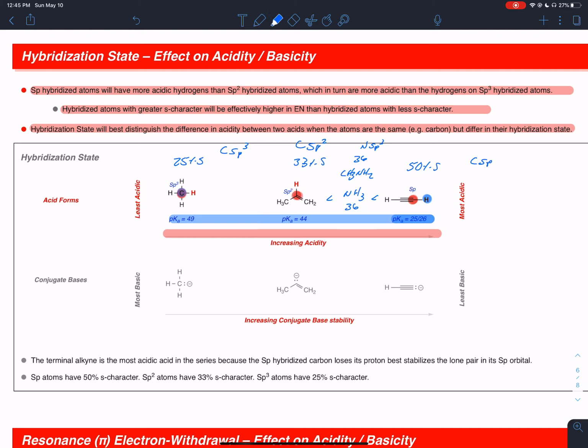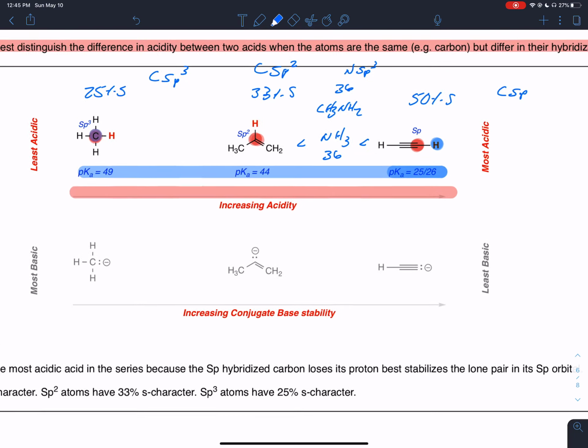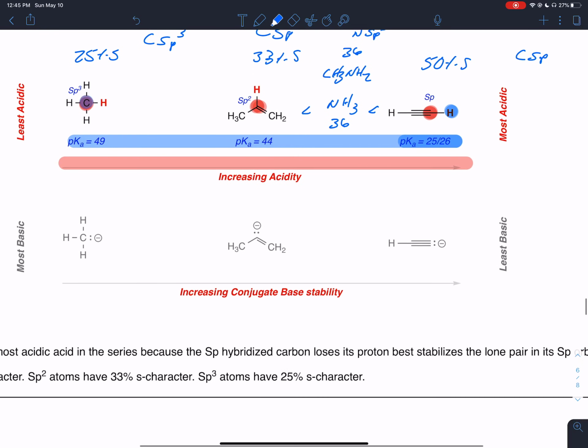Now, given that an sp hybridized atom is effectively more electronegative, let's think, what does that then mean for the conjugate bases? Let's deprotonate each of these acids and look at the conjugate bases where the negative is now residing on the carbon atoms from which the proton was taken.